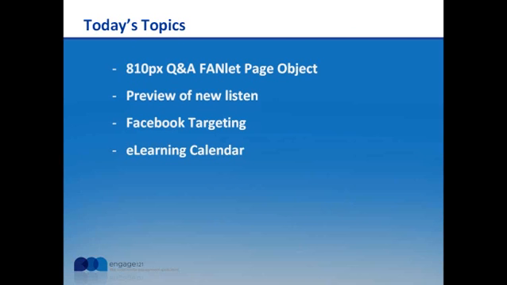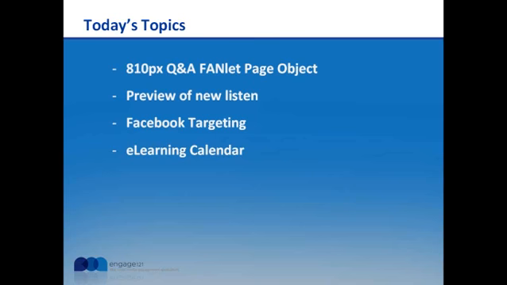And if you do have ideas on additional fanlet page objects that you'd like to see implemented, we welcome that feedback. We love to hear that and to see what we can build to work for you.